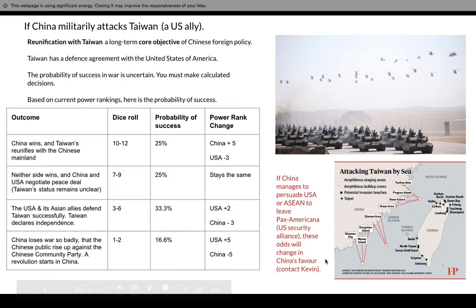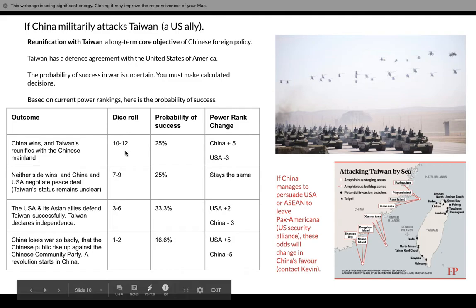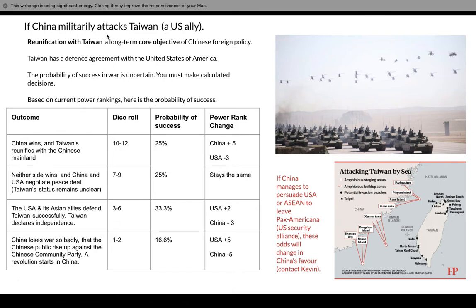So China, if you manage to negotiate security partnership agreements with ASEAN or Japan that are highly favorable to China, and if you manage to persuade these countries to not negotiate security partnerships with the United States, contact me and I will change the odds to be more favorable for you to win and successfully reunify Taiwan with the Chinese mainland.